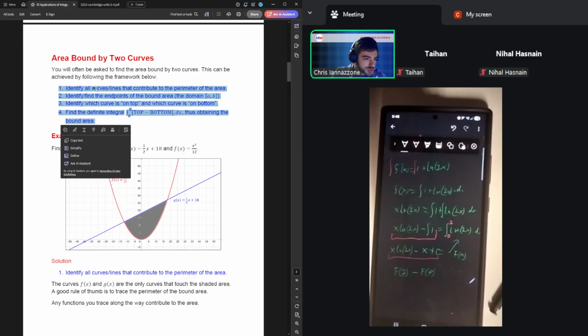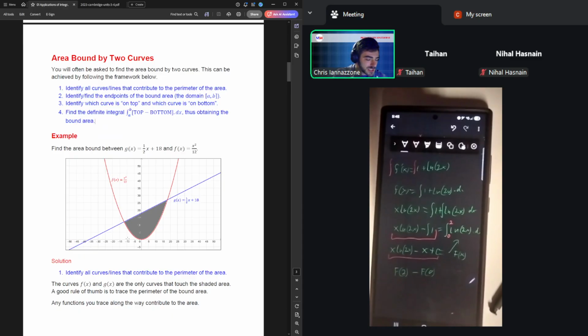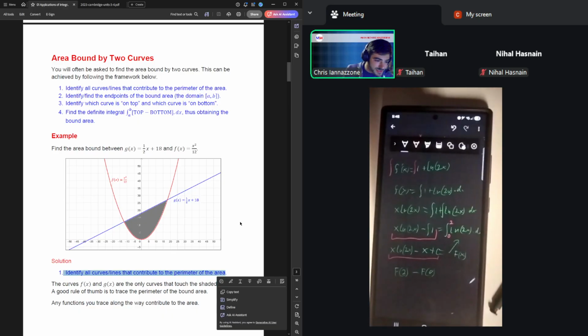Okay, so here's the full procedure. It is effectively going to allow us to figure out any area where the curves make up some sort of shape. All right, so you can imagine like the red and the blue lines there make up the perimeter of a sort of shape. In fact, that's the first thing we're going to try and do. Identify every line or curve that exists in the picture that contributes to the perimeter of the area we're trying to solve.